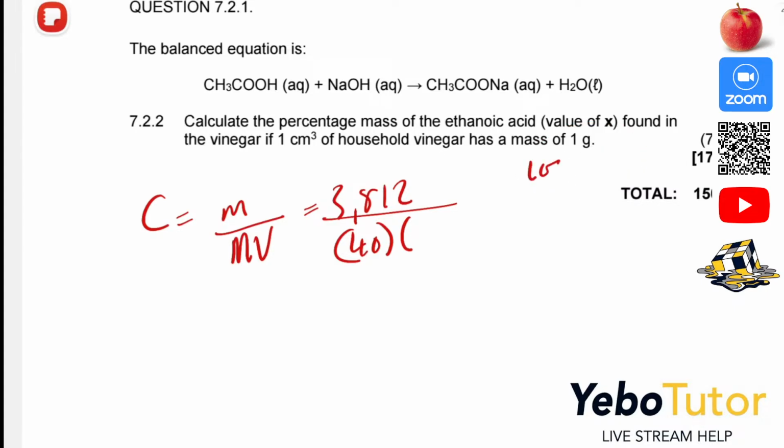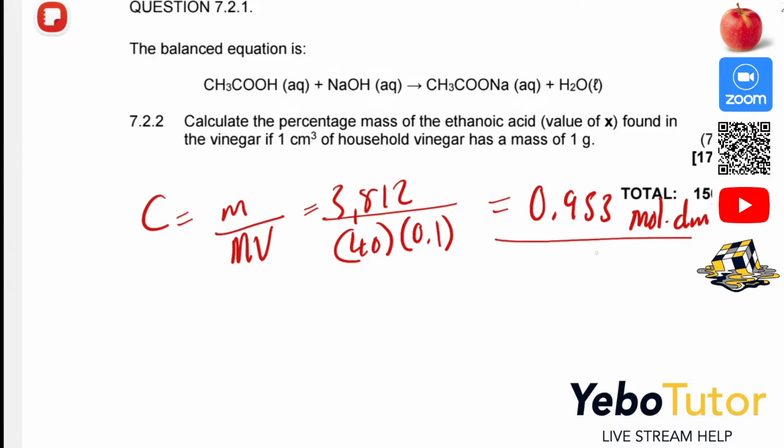So we divide that by 1,000. That will be 0.1. So now using my calculator, I'm getting my concentration to be 0.953 mole per decimeter cubed. That will be my concentration over there.